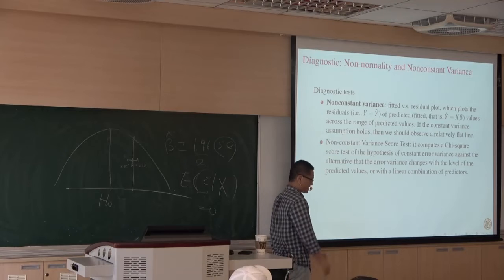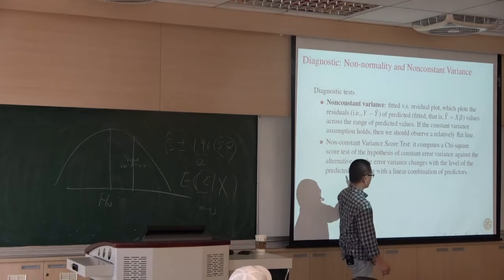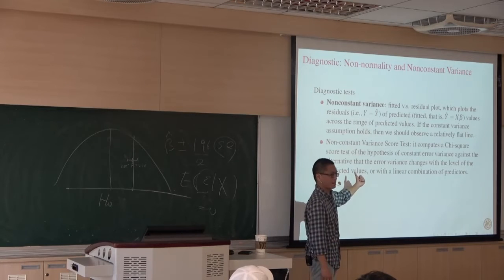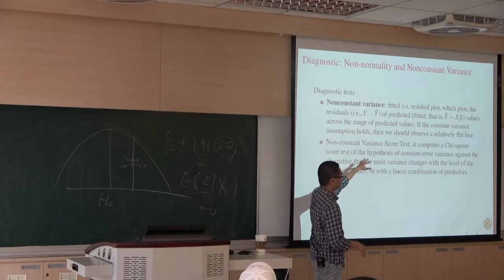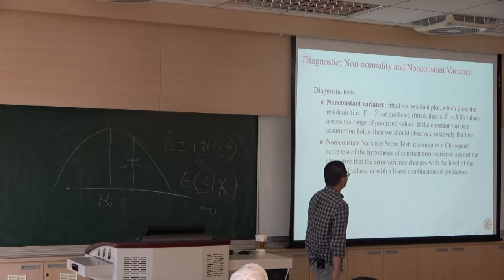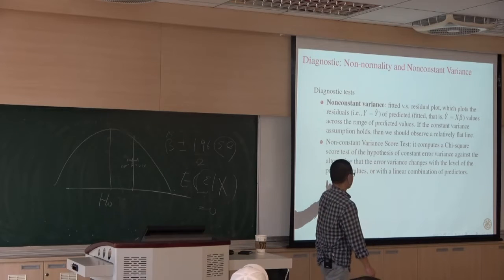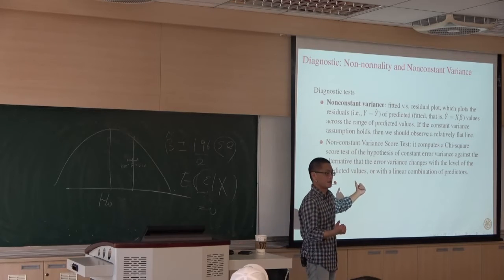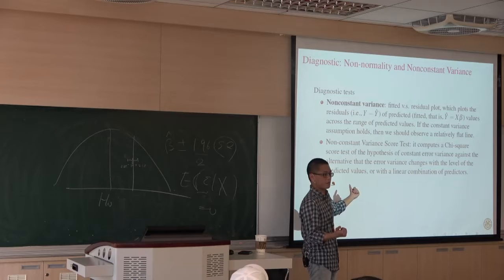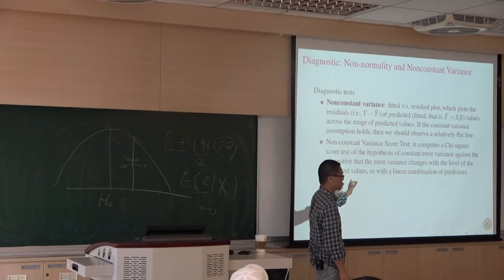In most statistical analysis, we would like to reject the null hypothesis in favor of the alternative hypothesis, that there's something going on. But here we actually want to show nothing is going on. There's nothing to see here. Against the alternative hypothesis, the error variance actually changes with the level of the predicted value. That means the constant variance assumption is violated. The error can change with the value of your predicted value.